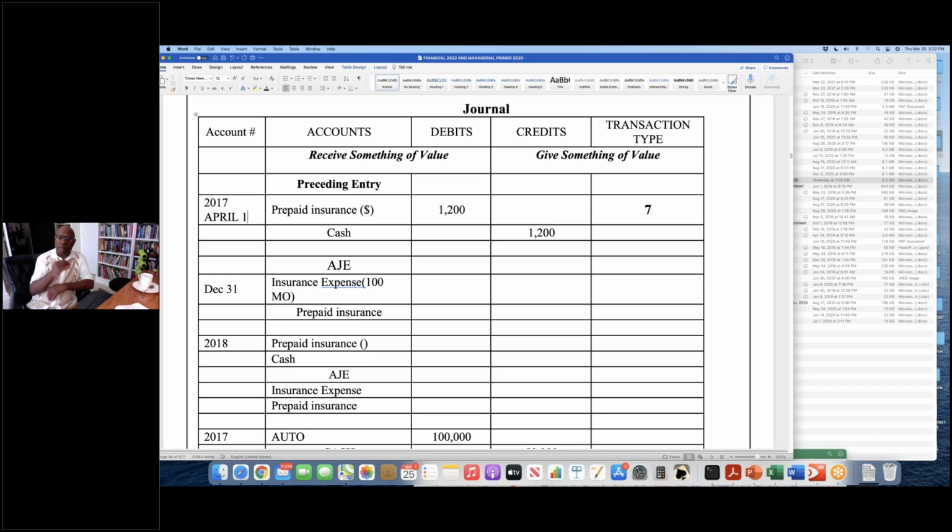All right, let's look at the example. You paid $1,200 for insurance on April 1st. How much of it's gone? What's 1,200 divided by 12? 100.